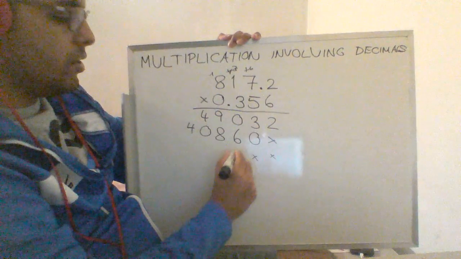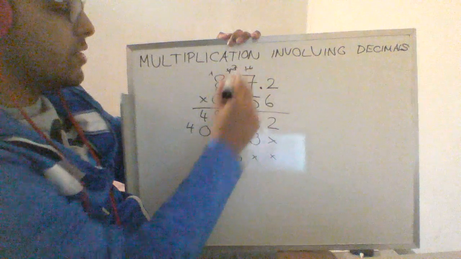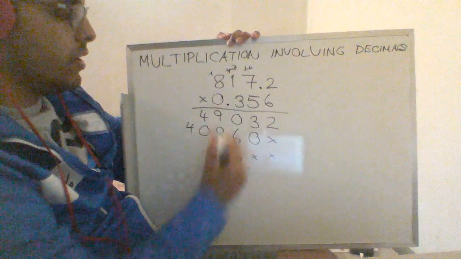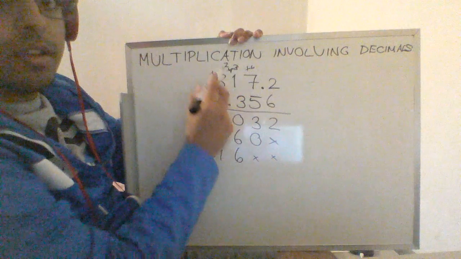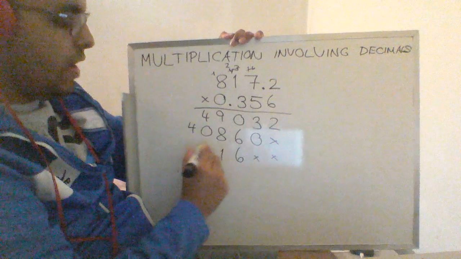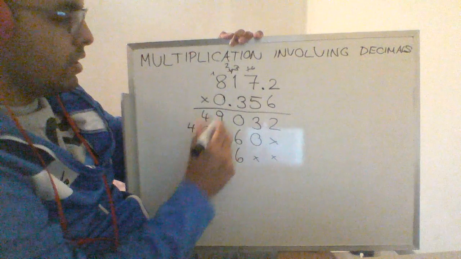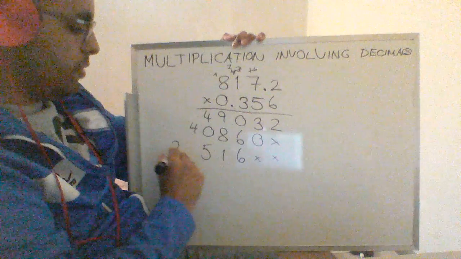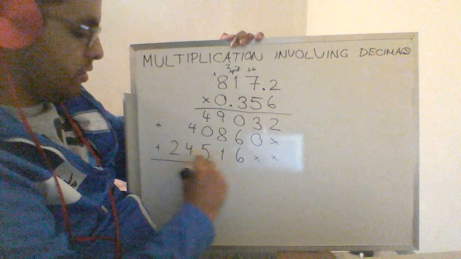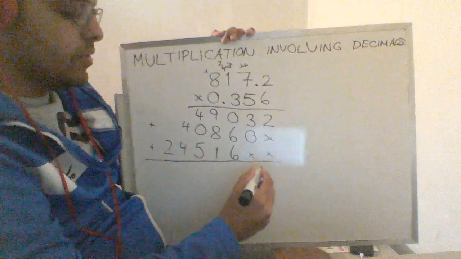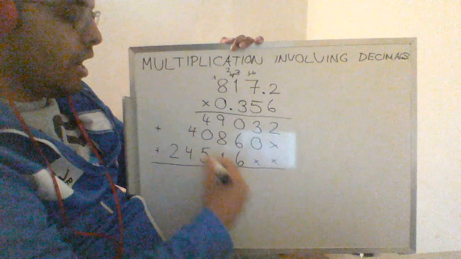So 3 times 2 is going to give us 6, 3 times 7 is 21, so the 1 goes down there, carry the 2, 3 times 1 is 3, plus 2 is 5, and 3 times 8 is 24, so that goes down there, and then we're going to add those together.